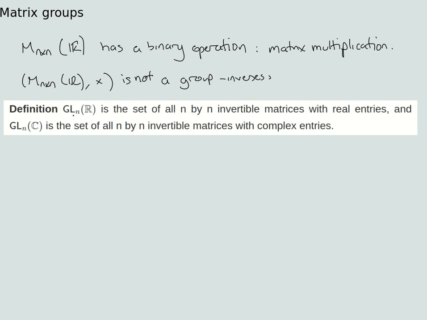So here GLn(R) is the set of all n by n invertible matrices with real entries, and GLn(C) is the set of all n by n invertible matrices with complex entries. So once we've made this definition, GLn(R) is a group under matrix multiplication. And the identity element, of course, will be the identity matrix.